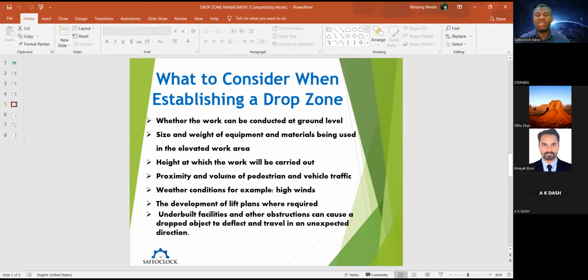Because if, for example, an object is falling from height and it hits another facility, then it becomes an increased force, and it could help it to deflect away from where you have established your drop zone. So if you consider all these factors, then it will help you to establish a drop zone at a distance where if the object falls, it will still be inside your drop zone.